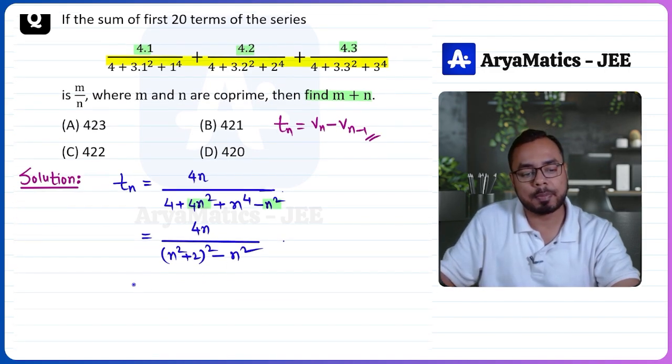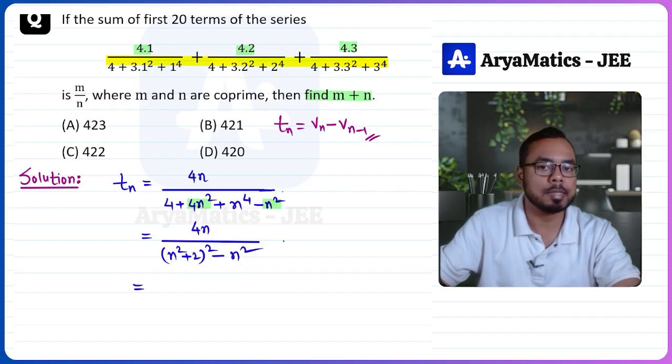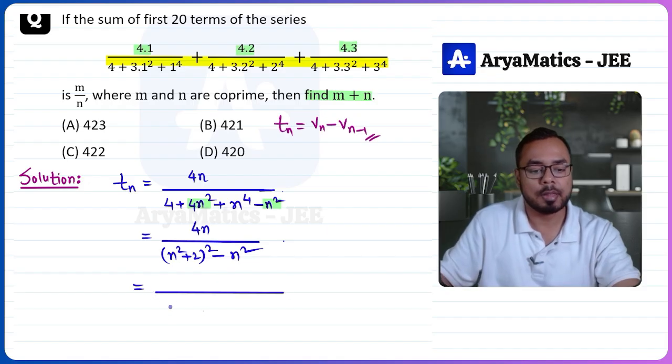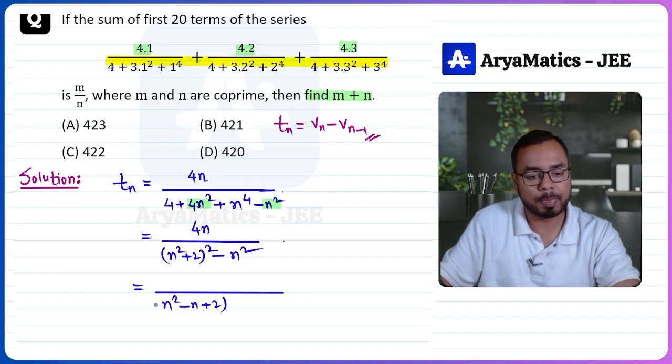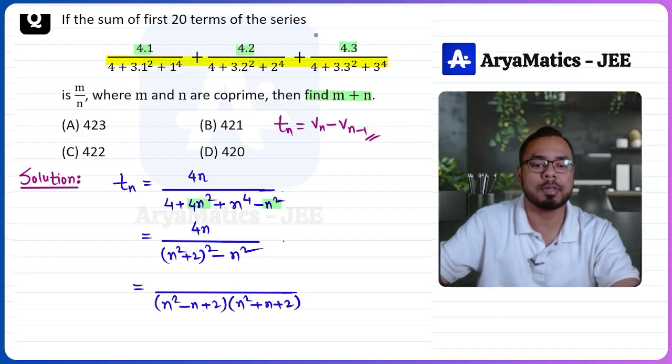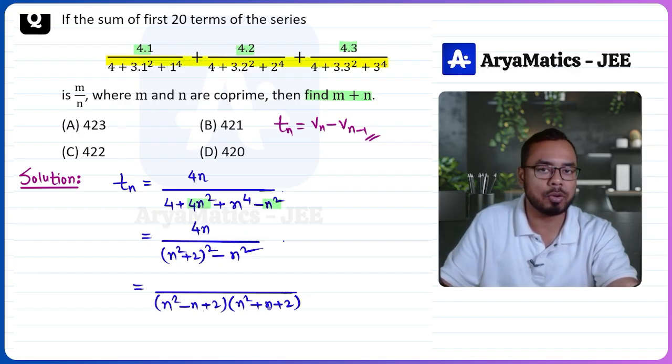Now in the next step, in the denominator you can easily see the factors a plus b into a minus b. Then you have n square minus n plus 2, that will be one term, and the other one n square plus n plus 2. Also, if you take the difference of these two factors in the denominator, you will get 2n.